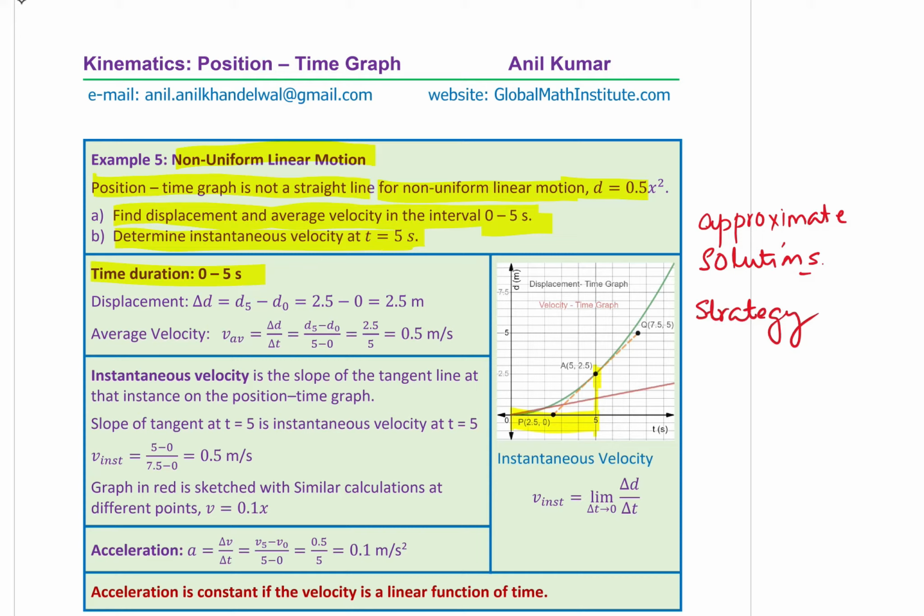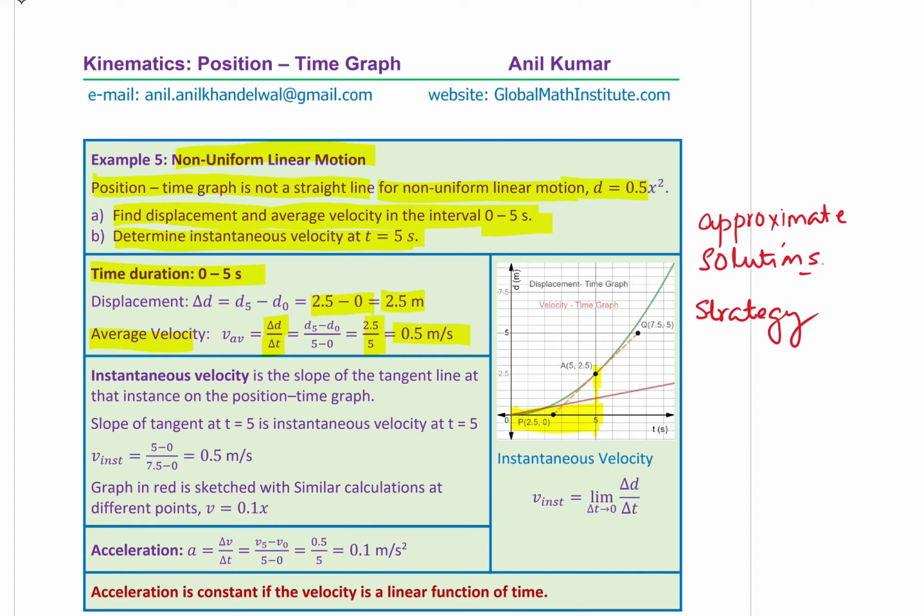So that shows that within the first 5 seconds, the displacement is 2.5. So we get the idea of displacement 2.5 minus 0, that is the value. The average velocity will be change in displacement over change in time. Time is 5 seconds, so that gives us 0.5 meters per second. So this is the average velocity during that interval from 0 to 5, correct?